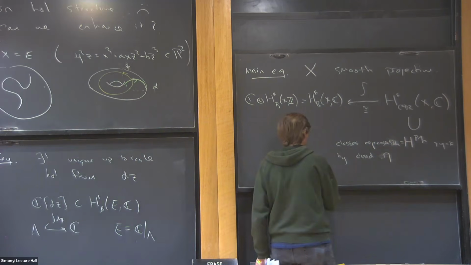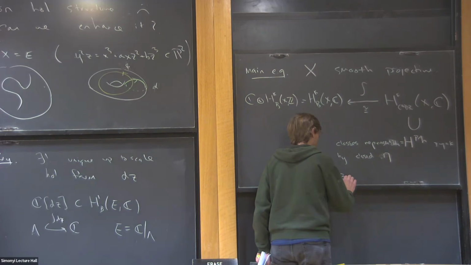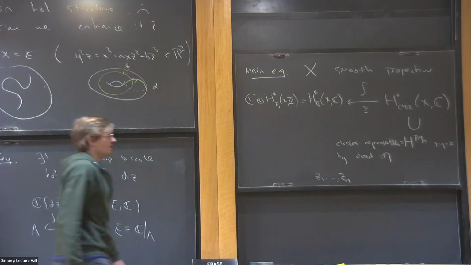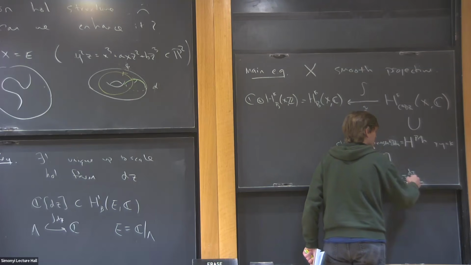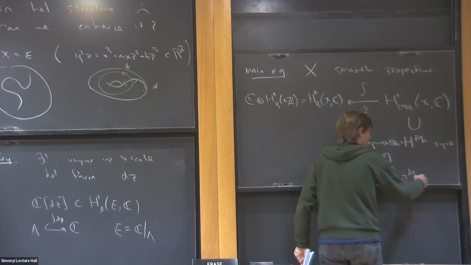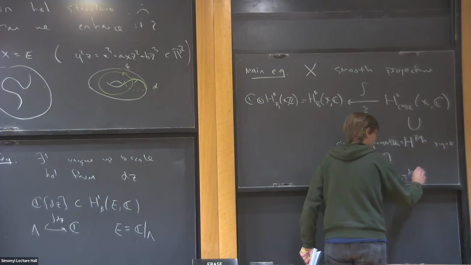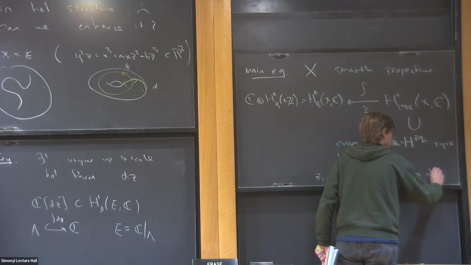It means if I choose holomorphic coordinates, so we're using a holomorphic structure, let's say Z has dimension n, then eta locally looks like some functions times, well, you take p many holomorphic dz's, this is dz_{i1} through dz_{ip}.